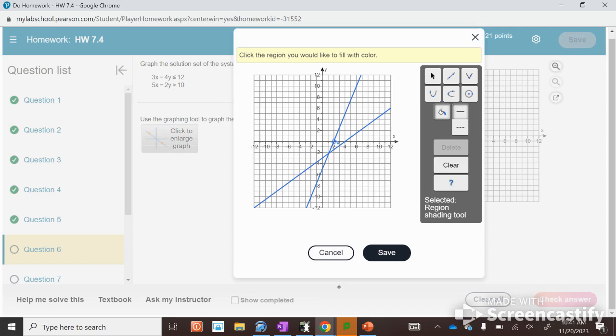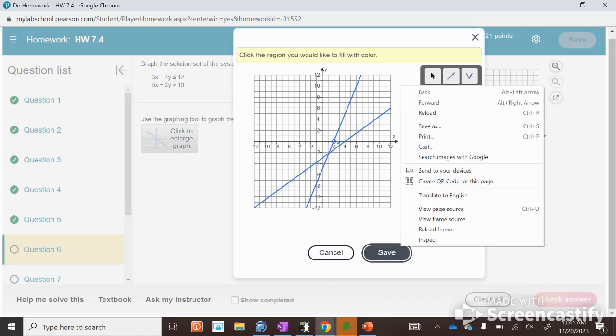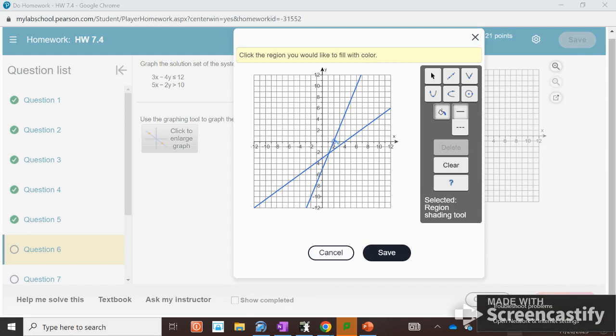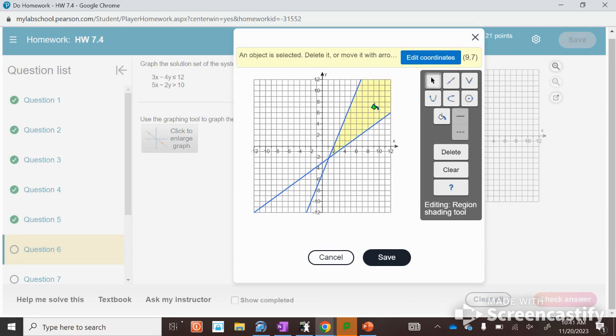So for my first line, this one that goes flatter across, it's shaded on the side of (0, 0). For my other line, does (0, 0) work? No, it doesn't. So I'm shaded to the other side. So if I'm above the flatter line and to the right of the other line, I must be right in here. So that's where it's double shaded.